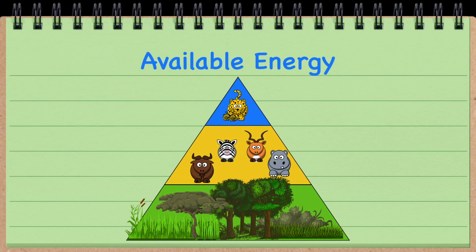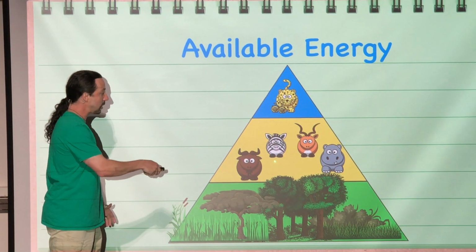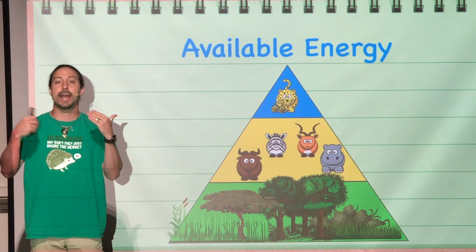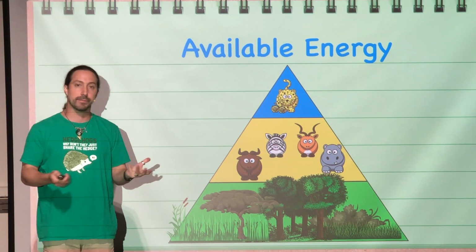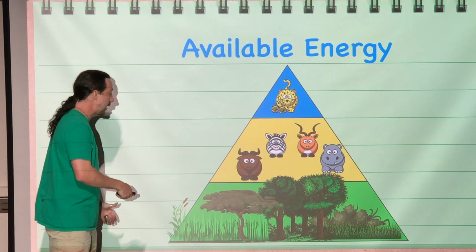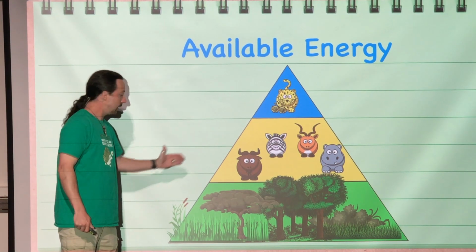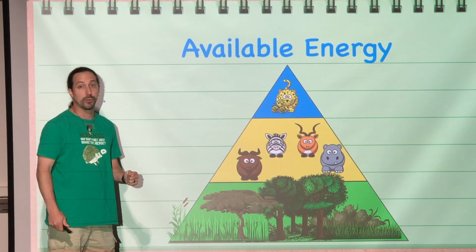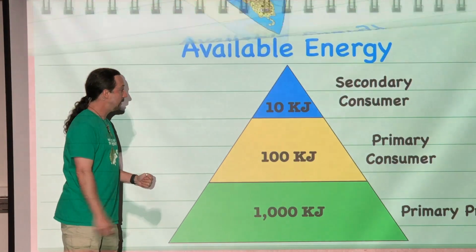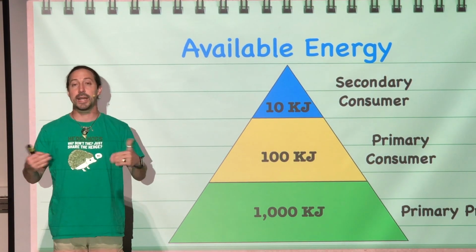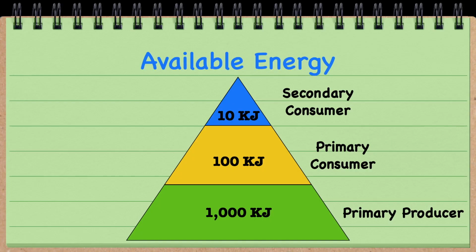And that means, again, that as we move from one trophic level to the next, we end up with less and less and less available energy. There's less stored energy in the primary consumer level than the energy stored in the primary producer level. In fact, it basically goes down by 90% each step, or only about 10% of the energy is going to be retained going from one trophic level to the next.